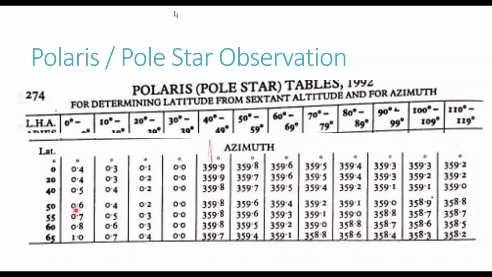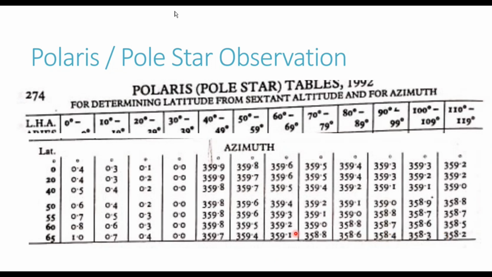So you can see the azimuth. This is the first page of the table. The table runs into 3 pages. So you can see the azimuth varying from 1.0 to 358.2. So this is the usual variance between the azimuth.